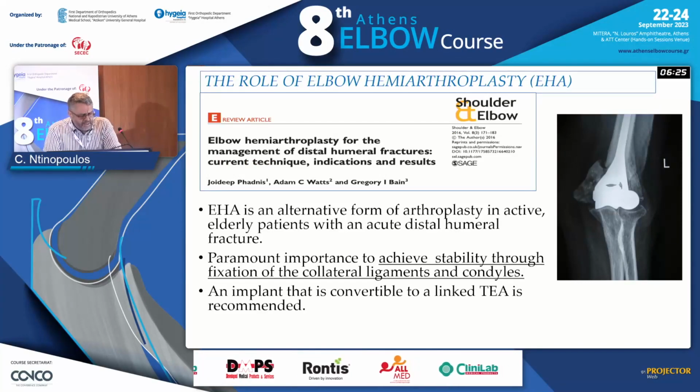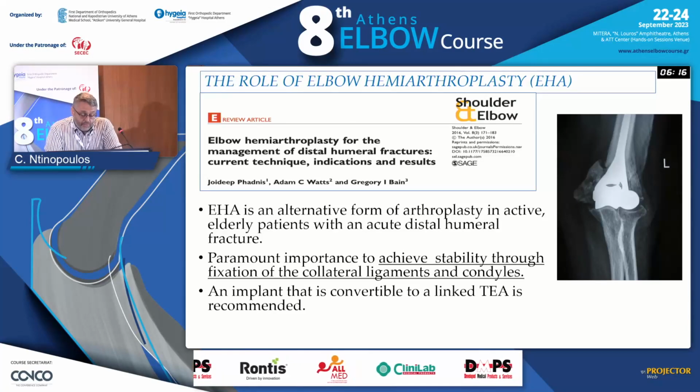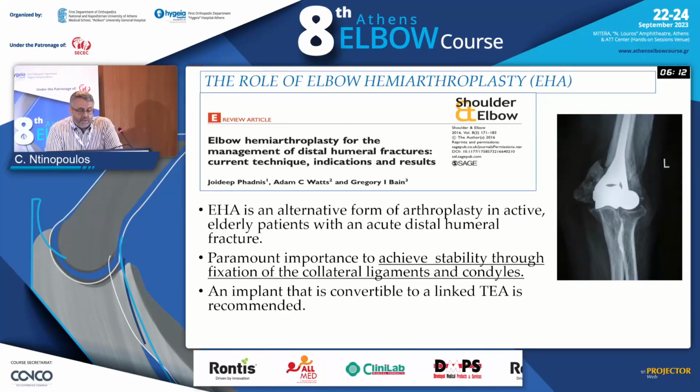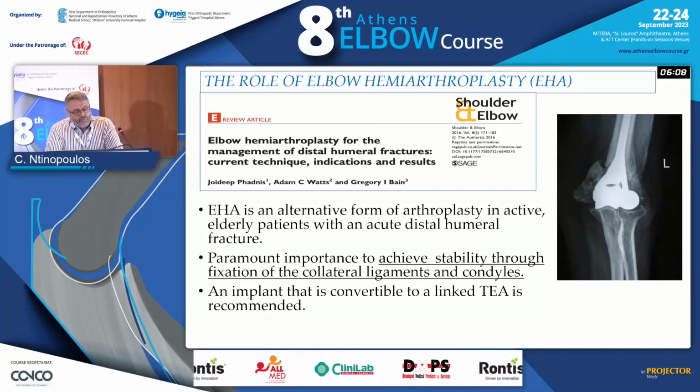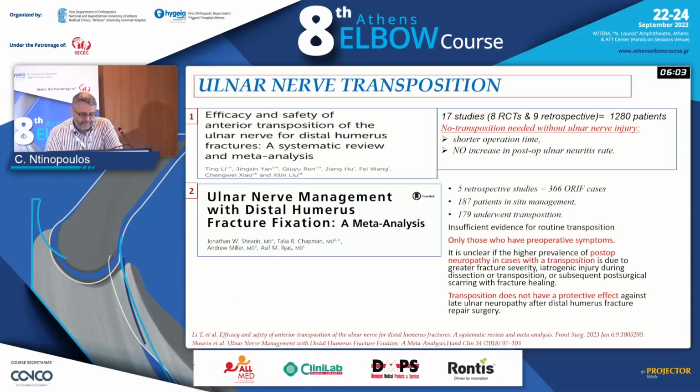Hemiarthroplasty is an alternative form of arthroplasty in active elderly patients with acute fractures. We should give paramount importance to stability through the fixation of collateral ligaments and choose an implant that could be convertible in the future to a total elbow arthroplasty.